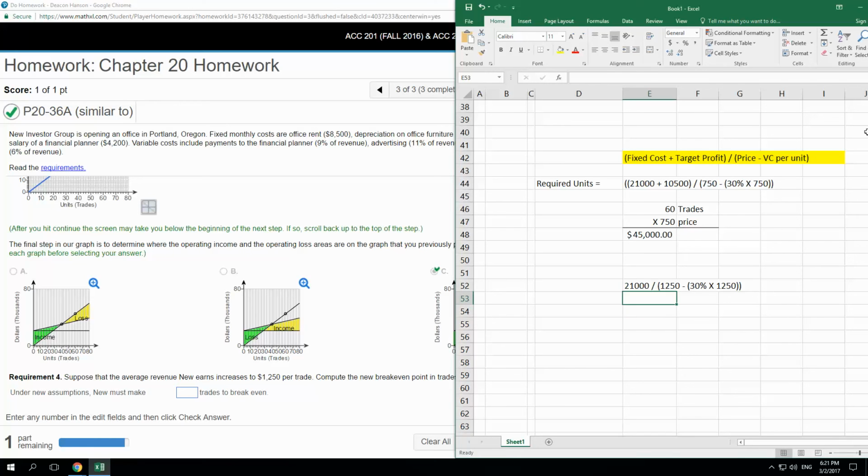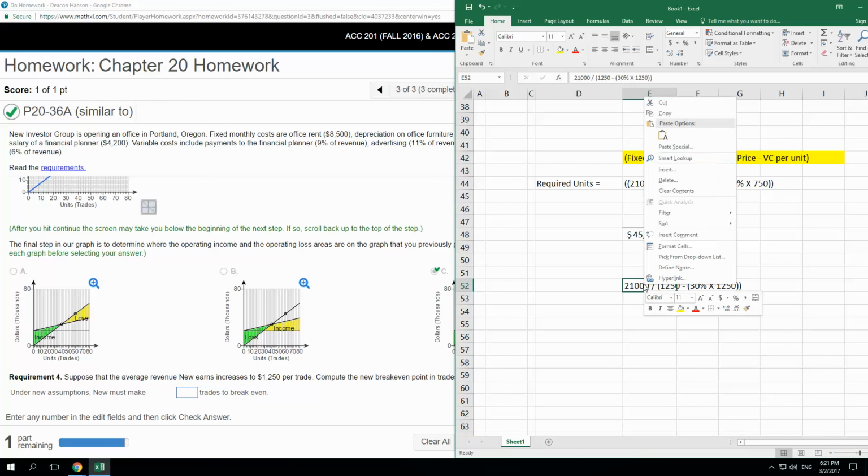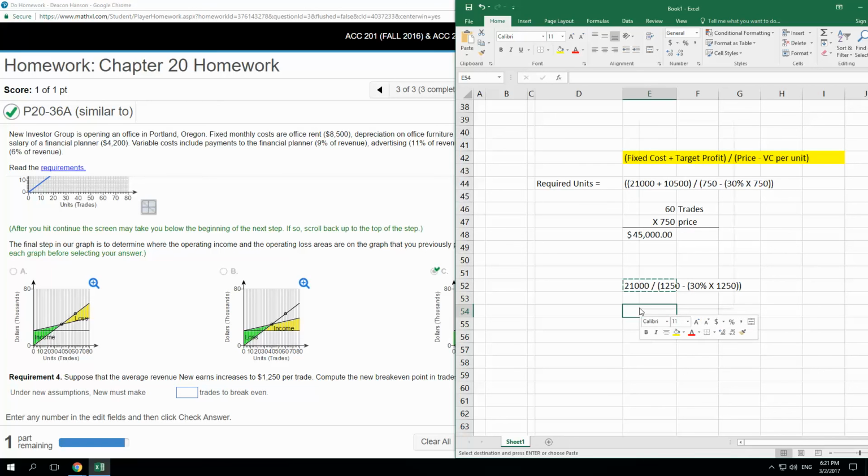Okay, so if I take that fixed cost, let's see if this works.